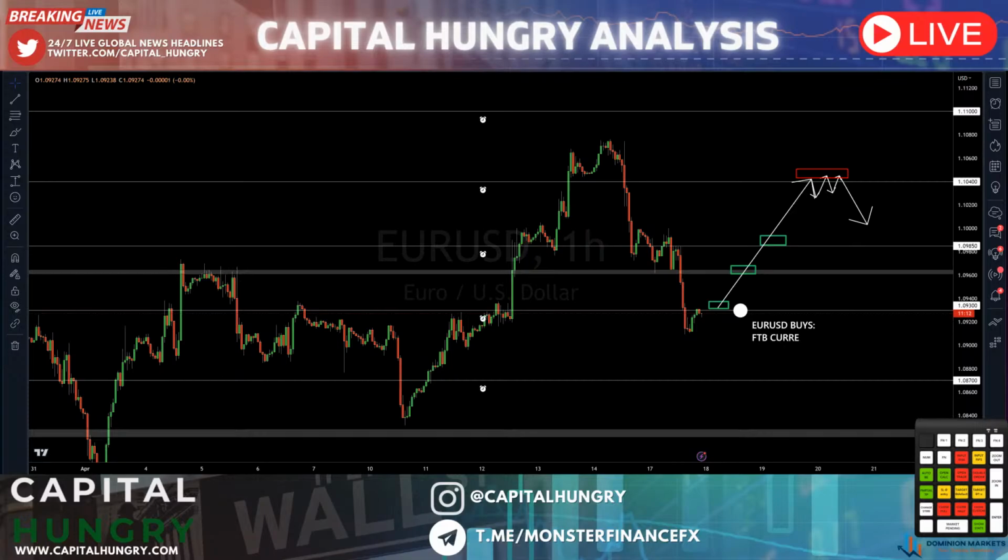Fail to break current lows of 1.091. Break above key level 1.093. No new FUD over the coming sessions.